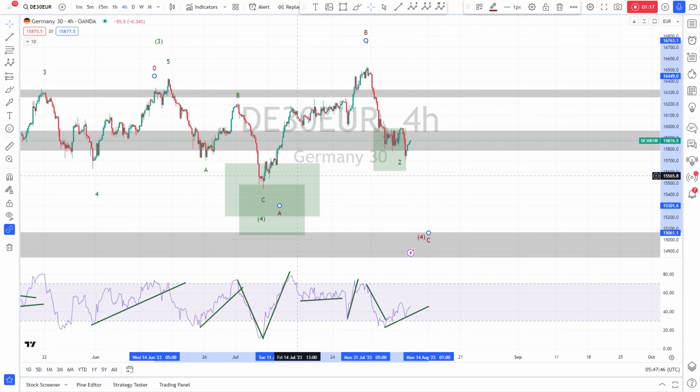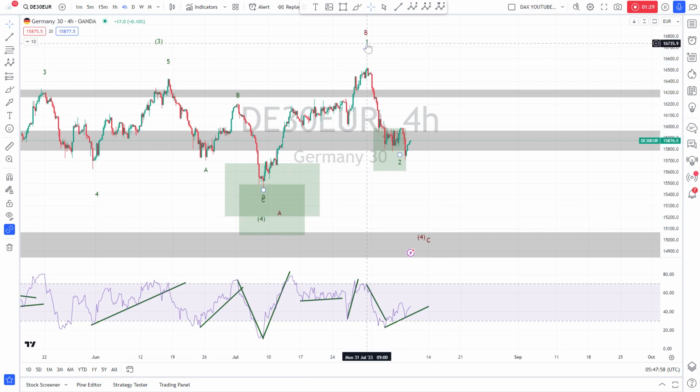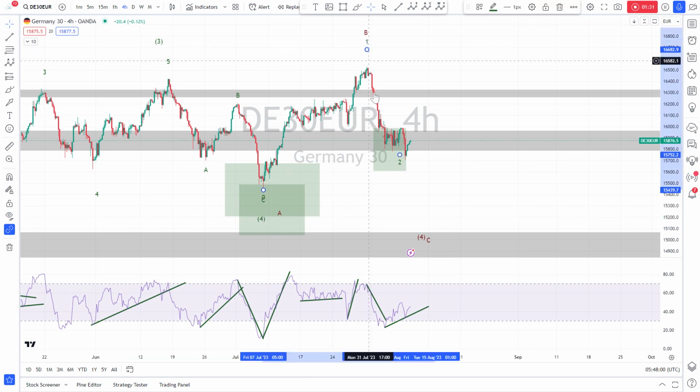Then there is also the bullish case, which assumes that the wave 4 low is in here, and that we are now doing a wave 1 to the upside, a wave 2 to the downside. We are in the area for our wave 2, and so now we should see a wave 3 to the upside.